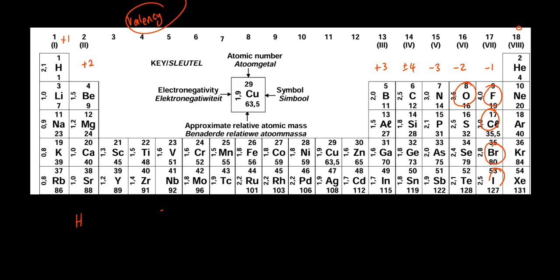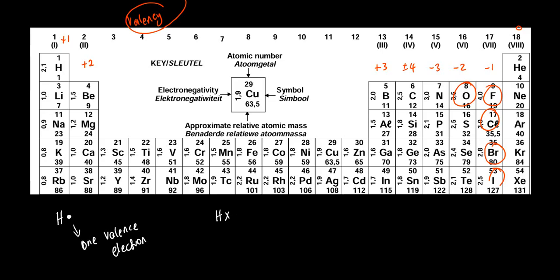So this is gonna assist us in terms of drawing the Lewis structures. For example, when I draw the Lewis structure of hydrogen, I'm gonna say hydrogen, then I put a dot to show that hydrogen has one valence electron. I can use a dot or I can use a cross.